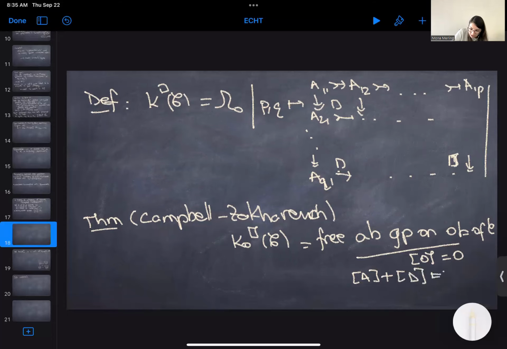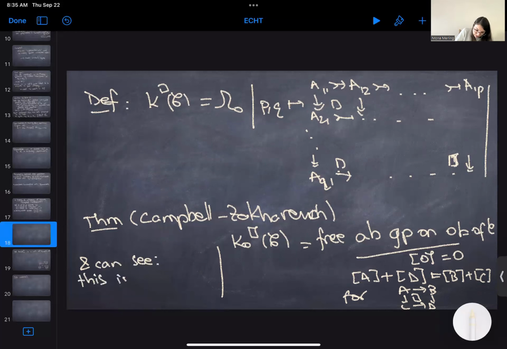So A plus D is equal to B plus C for a square A to B to C to D. And also, they hadn't computed this, but it is not very hard to see that this is an infinite loop space. So it really is a spectrum with this pi naught.